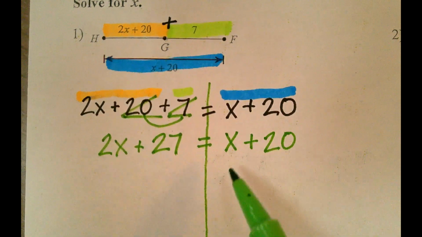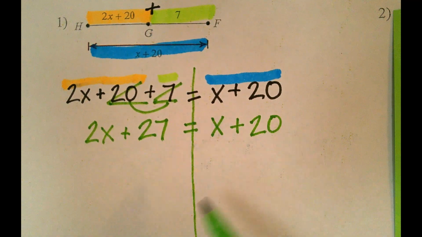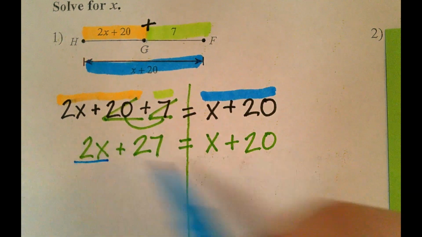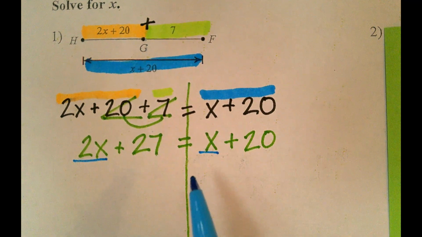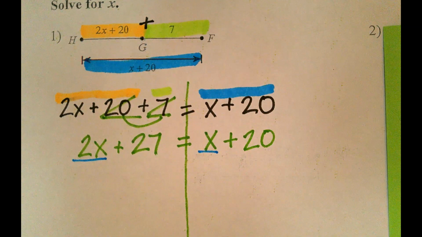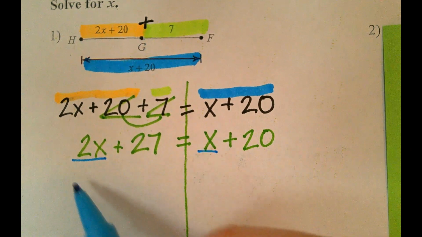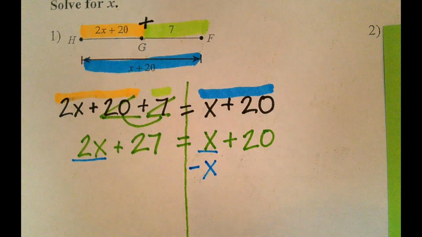What we need to do is, when we have like terms on opposite sides of the equal sign, we have to do the opposite thing to combine them. So instead of adding x to both sides, we're going to subtract x from both sides.